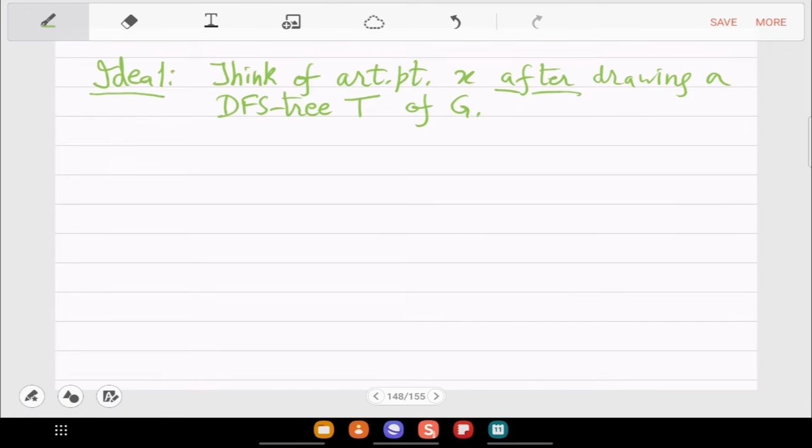So what are the possibilities in that tree for an articulation point? There is a root, and let's say X is an articulation point. Where can U and V be? The U and V which make X an articulation point, where can they be? Can it happen that they are of this type?